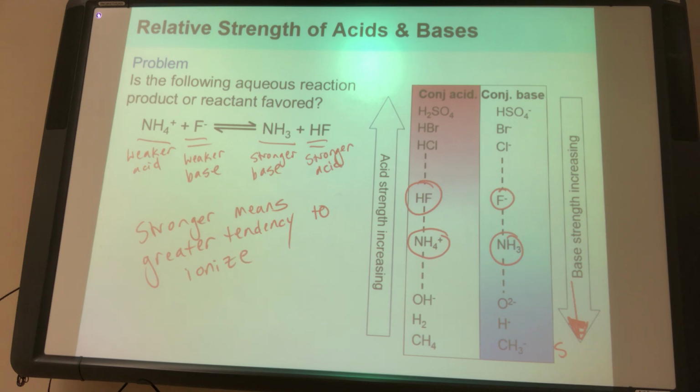Okay? So if these guys are both stronger, they want to do everything. They want to separate, they want to ionize, so they're going to push everything this direction. So which way is it going to be? It's going to be reactant favored.